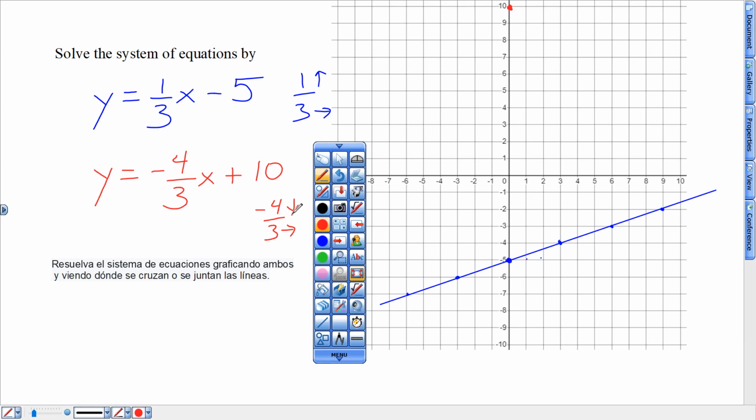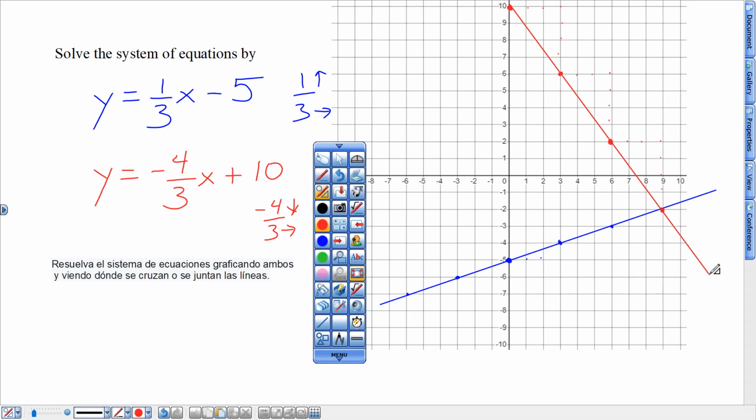So there you go, starting at 10, right 3, down 4. Right there, looks like it's going to intersect. Draw that line best you can through those points using a straight edge if needed.